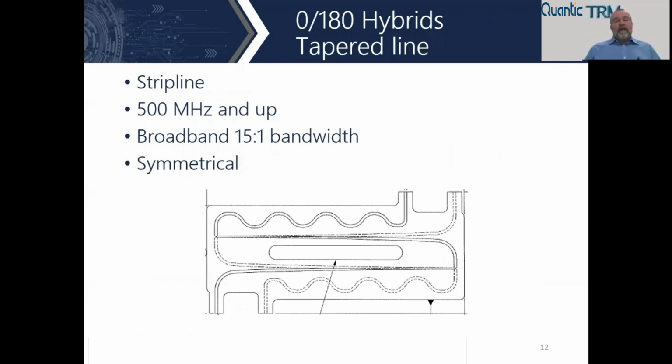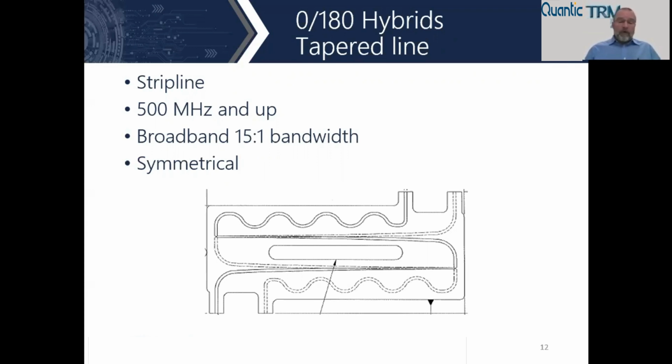Sure. And again, there are different ways of generating this 0-180 phase relationship. The example on the screen here is a very broadband tapered line. As you can see on the circuit, this is a tandem configuration. There are two couplers that are connected heel to toe. Each of these tapered lines has a 90-degree phase differential.